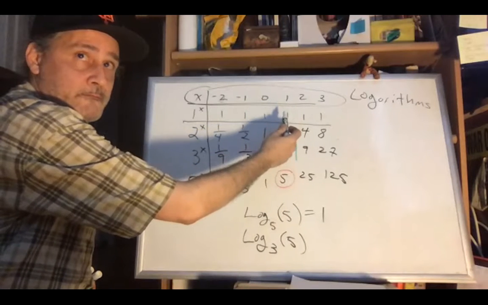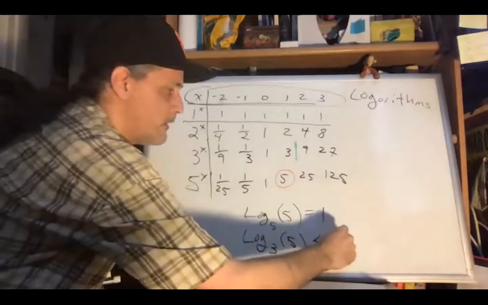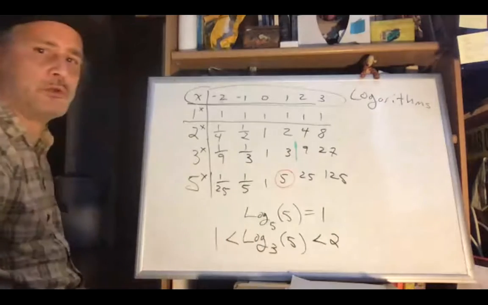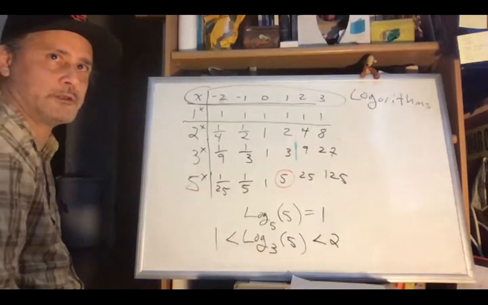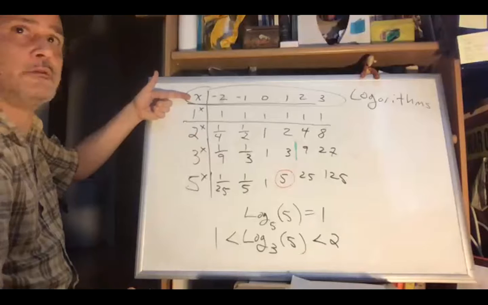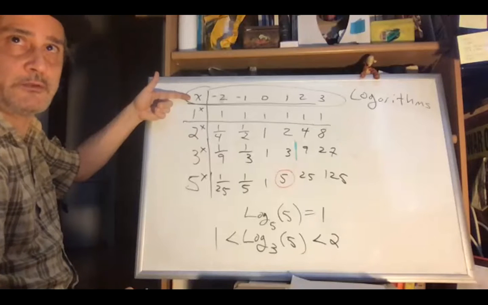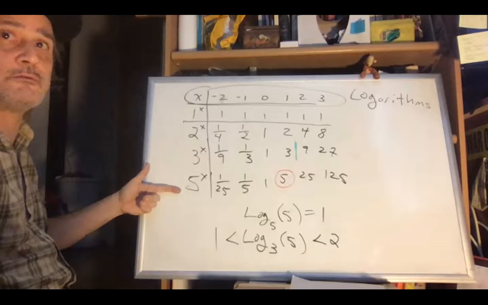It's not intuitive, but whatever that exponent is, it's in between 1 and 2. So logarithms are scaling values using exponents, but the scale is completely dependent upon the base.